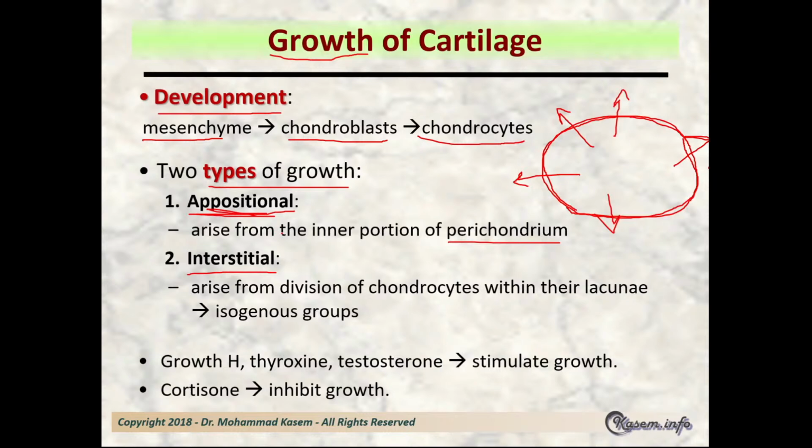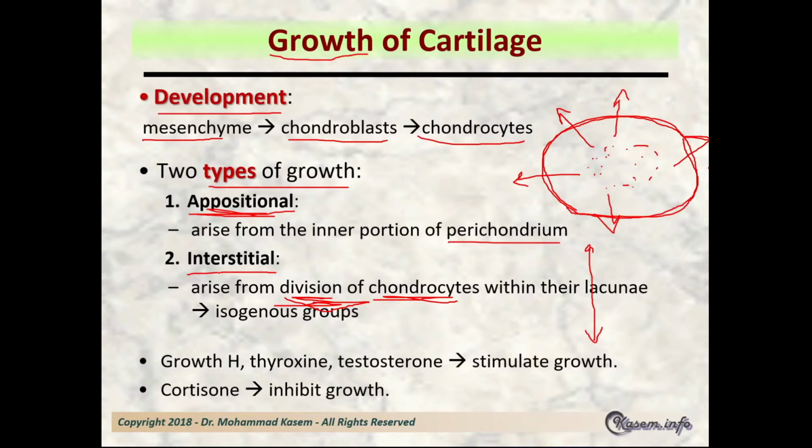The other type of growth is helped by the division of chondrocytes. Division of chondrocytes here in between the matrix cells. If these cells divide continuously, then it provides growth in both diameter and length.